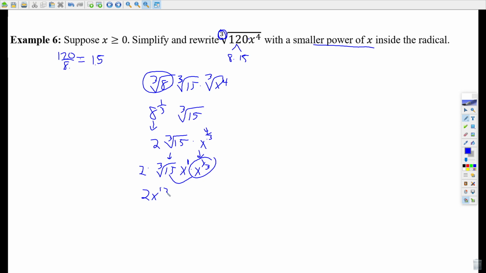And then this is the cube root of 15. Whoops, let me just rewrite that. Cube root of 15. And this is also the cube root of x, right? This is the same thing as cube root of x. Put them back together, we get this. And that's our answer.